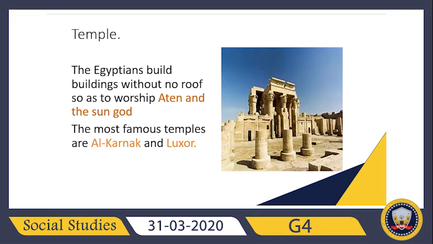The Egyptians built buildings without roofs so as to worship Aten, the sun god. When the Egyptians were building their temples, they didn't put a roof so they could easily have a connection with the sun.